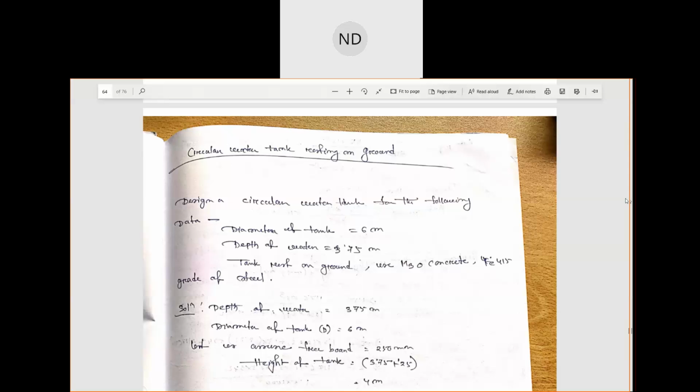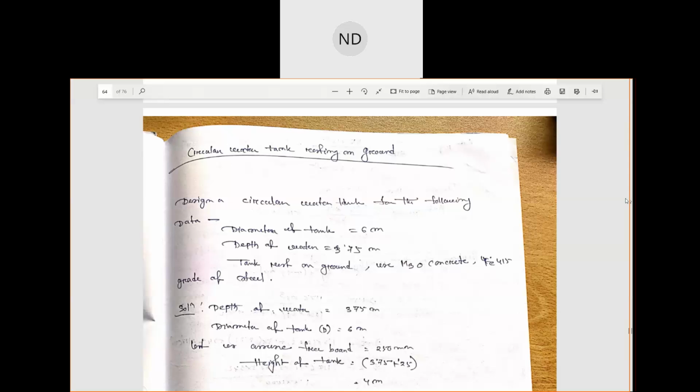The depth of the water is given to be 3.75 meter. Tank rests on the ground. Use M30 grade of concrete, Fe415 grade of steel. This is your question, and we have to design a circular water tank here.